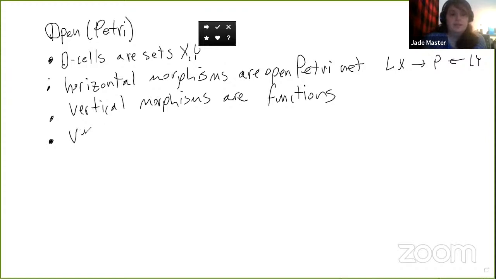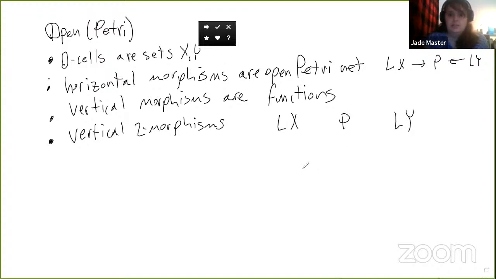And the vertical two morphisms are going to be commuting rectangles like this.